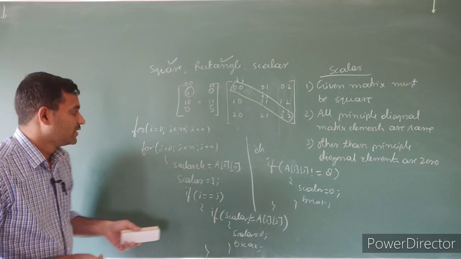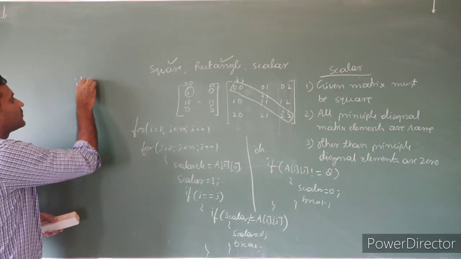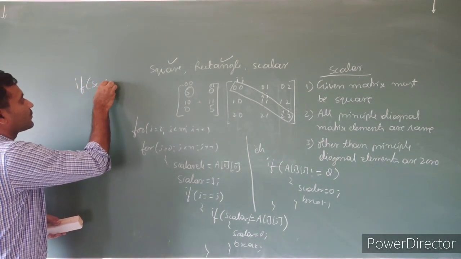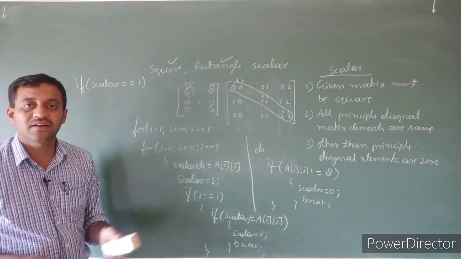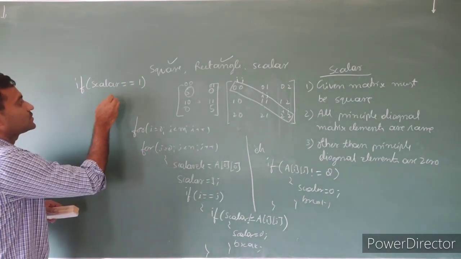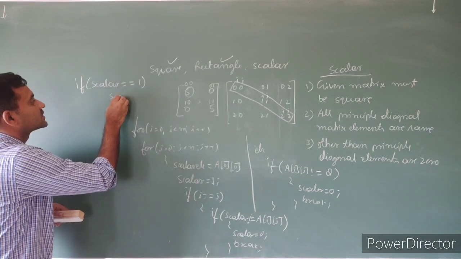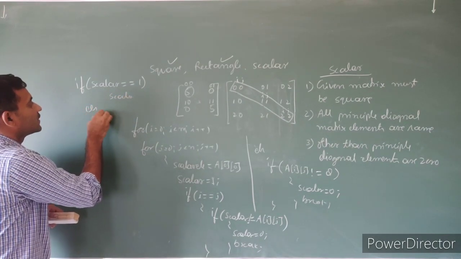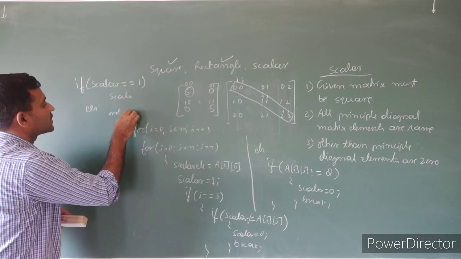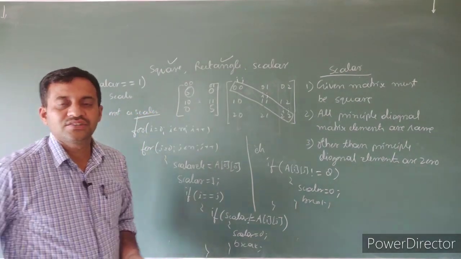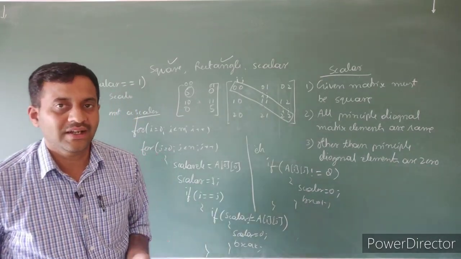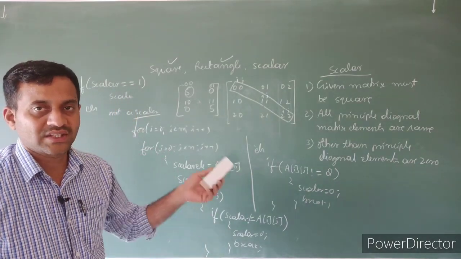After that we verify if scalar is equal to 1. If it is true, the given matrix is scalar, else the given matrix is not a scalar. So these are the programming techniques to verify scalar.